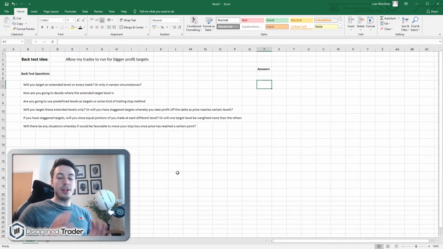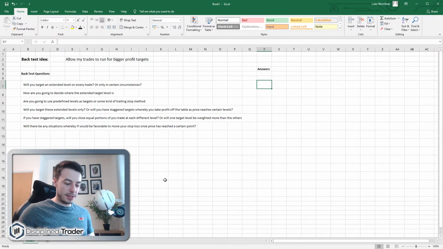So your answers are going to be sort of your framework for your backtest, if you like. So will you target an extended level on every trade or only in certain circumstances? Well, to answer this question, I need to test an extended level on every trade. And I need to record characteristics of each trade that I think are important to whether to target an extended level or not.